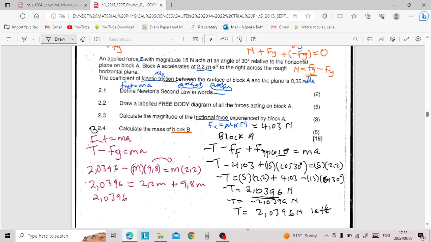Divide both sides by 12: 2.0396 divided by 12. So the mass is 0.17 kilograms.